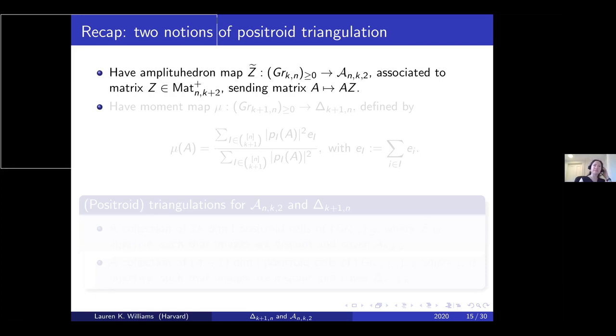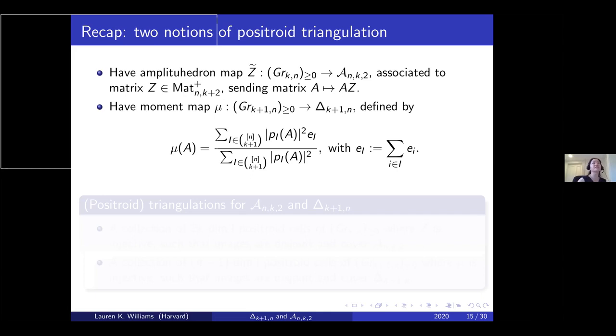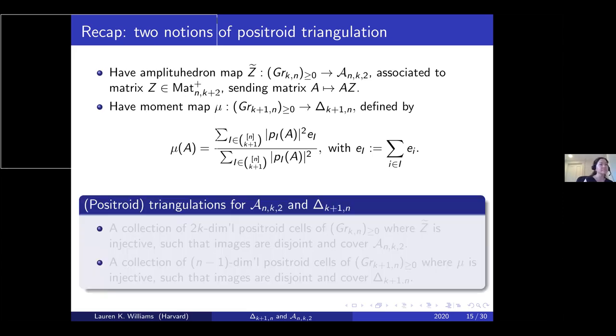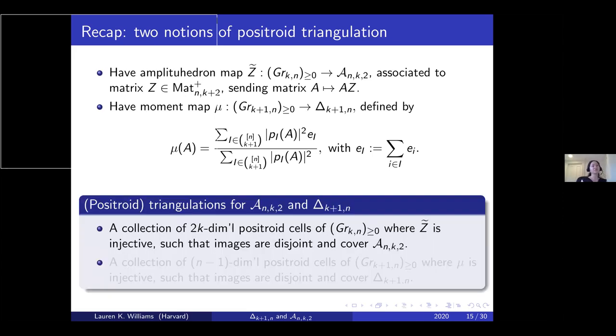Okay, so just to recap, we have our two notions of positroid triangulation. Our amplituhedron map is basically matrix multiplication, whereas our moment map from a different TNN Grassmannian is defined by scaling, taking linear combinations of the indicator vectors based on the magnitudes of the Plücker coordinates. So a positroid triangulation for the amplituhedron is a collection of 2k-dimensional positroid cells where Z-tilde is injective, such that images are disjoint and cover the amplituhedron.